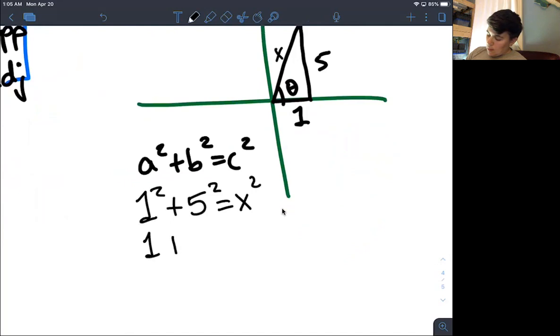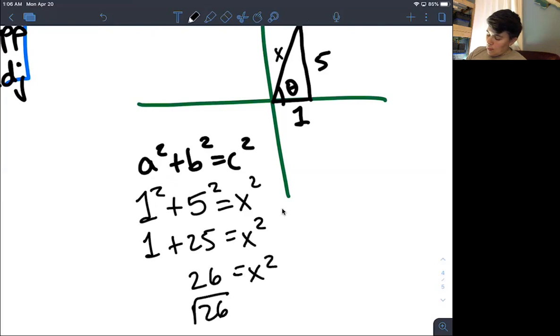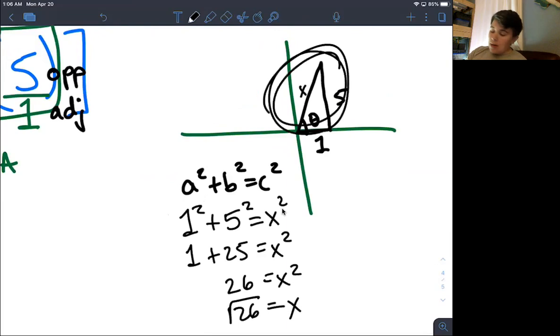So that's going to be 1 plus 25 equals x squared, 26 equals x squared, which means the square root of 26 equals x. Again, it should be positive or negative, but we're going to assume that it's positive because we're in the first quadrant. So we don't need to worry about that. And actually, I believe the x is always going to be positive because that's the distance out. It doesn't matter. It's positive.